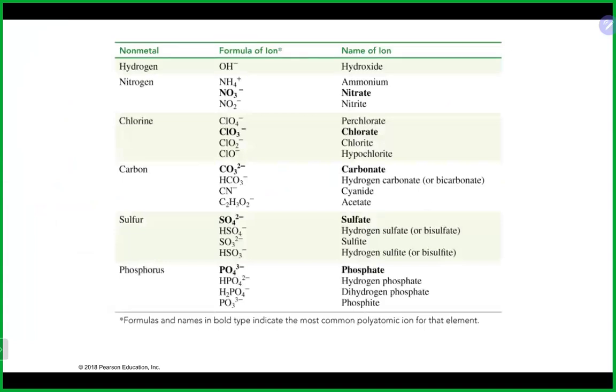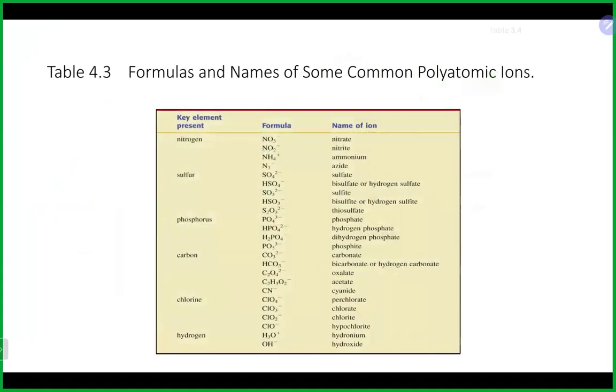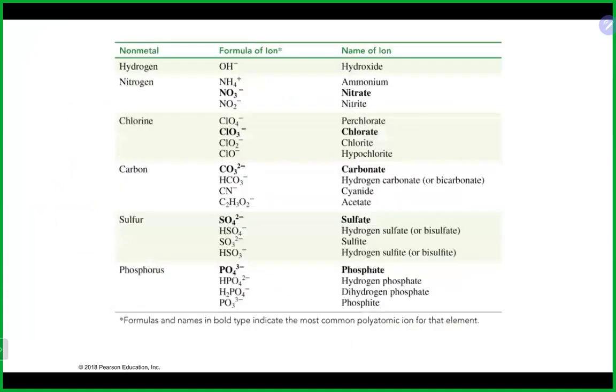So this is a table of polyatomic ions. I think it's from your book, if I'm not mistaken. And this is some of the polyatomic ions. And as was the question asked, you do have to know the name and the charge to be able to put everything together correctly. So when we look at a table like this, there are polyatomic ions that are related to each other. So for example, we just saw NO3 minus, which once again is 1 nitrogen, 3 oxygens with a -1 charge.